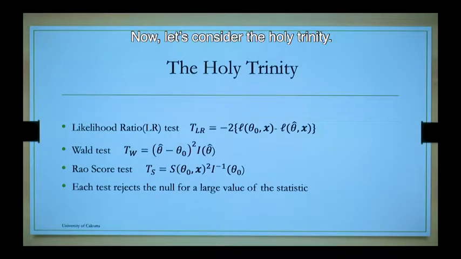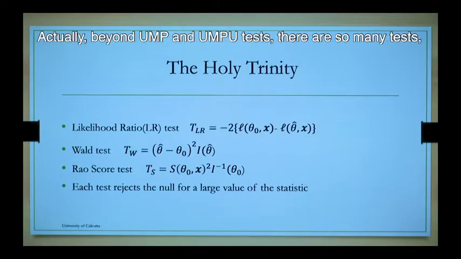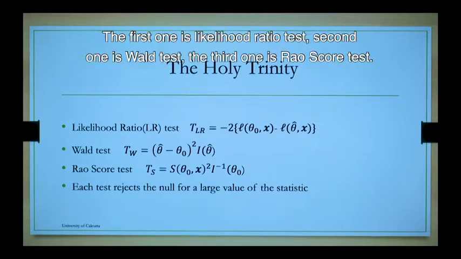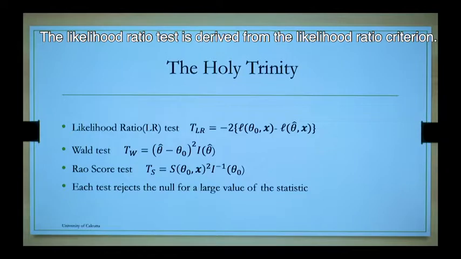Now let us consider the holy trinity. Beyond UMP and UMPU tests, there are many tests, but these three are termed the holy trinity. The first is the likelihood ratio test, the second is the Wald test, and the third is the Rao score test. The likelihood ratio test is derived from the likelihood ratio criterion.